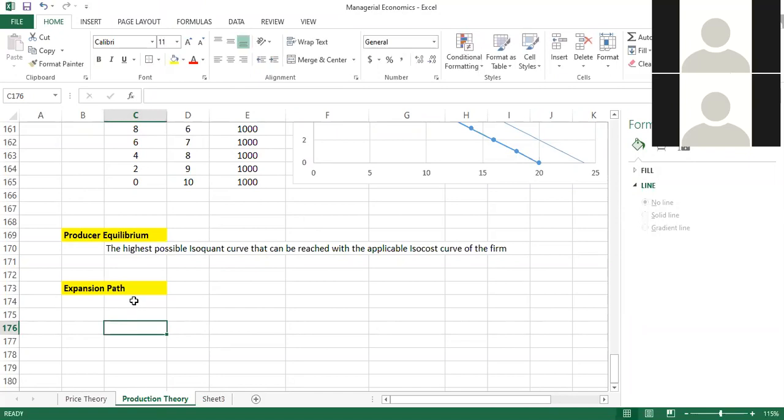Expansion path. The expansion path, right?